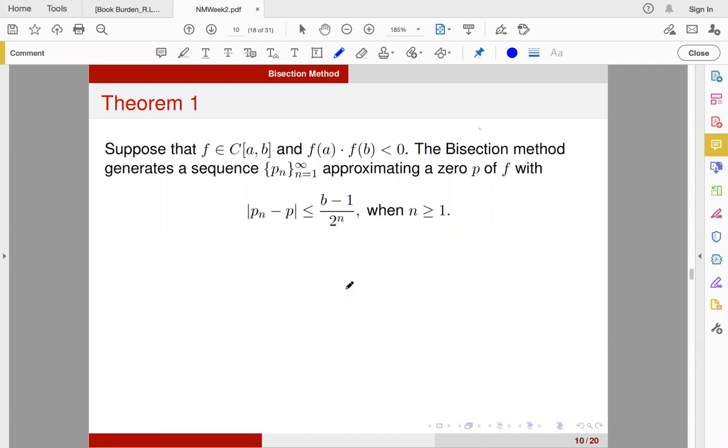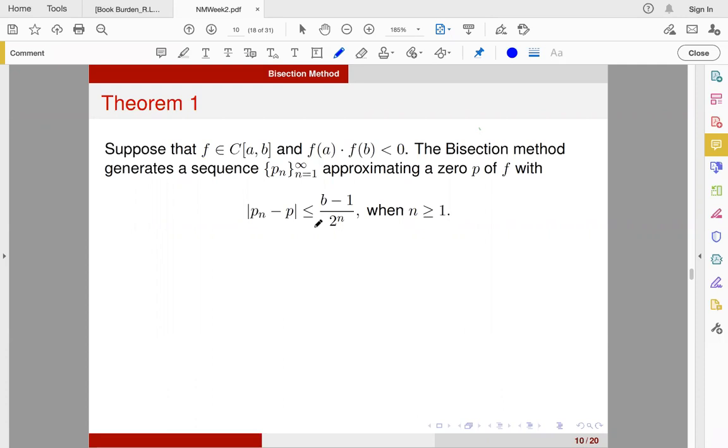It's like when you offer some method, someone will ask you, how good is your method? Yes, it works, but is your method reliable? That's the next question. If your method works, is it reliable?